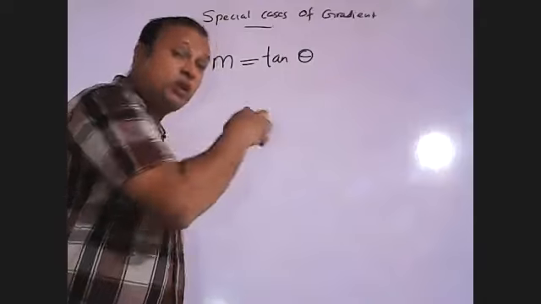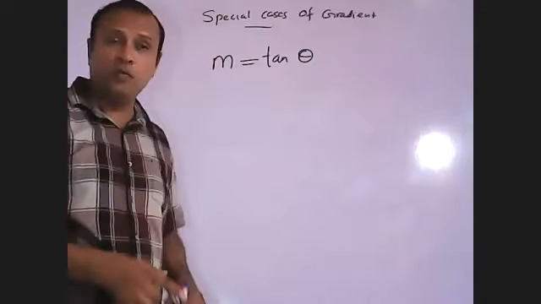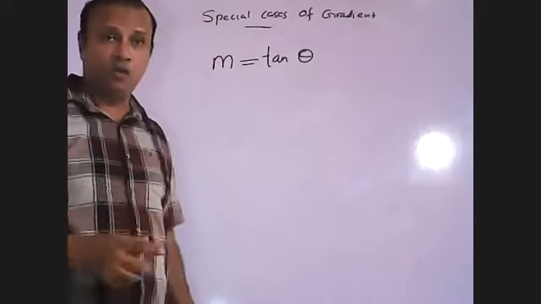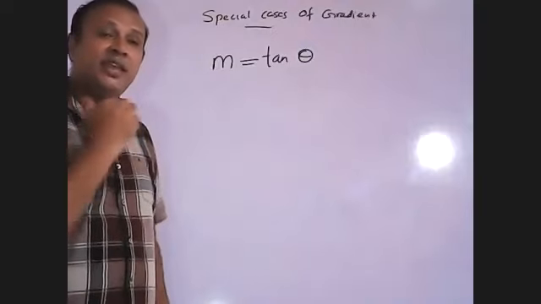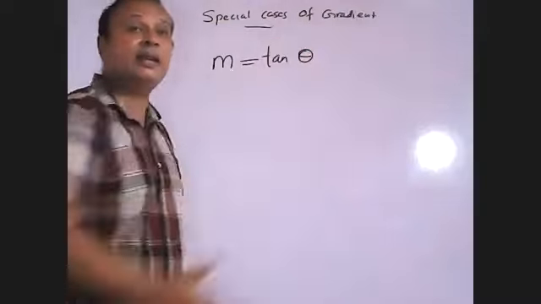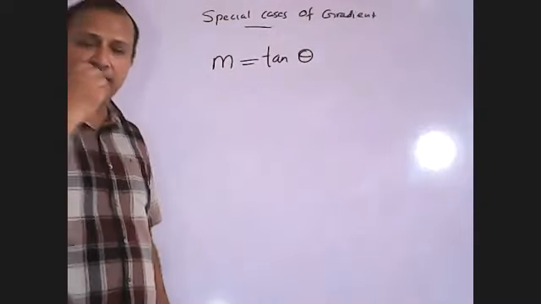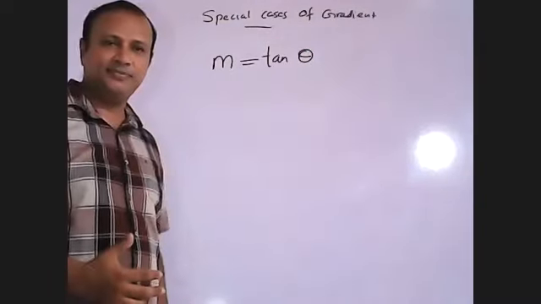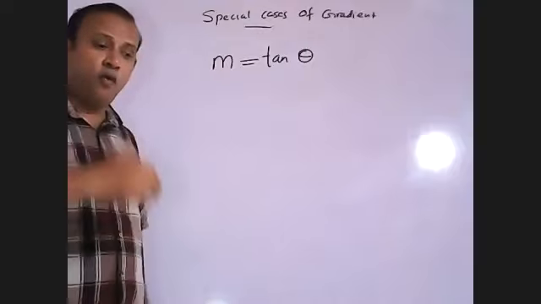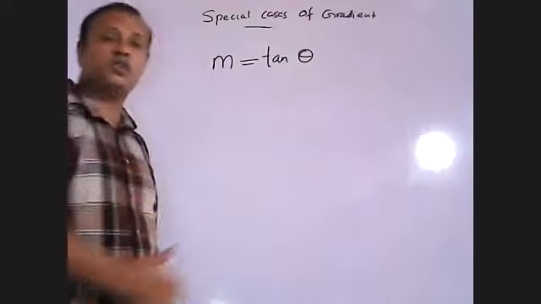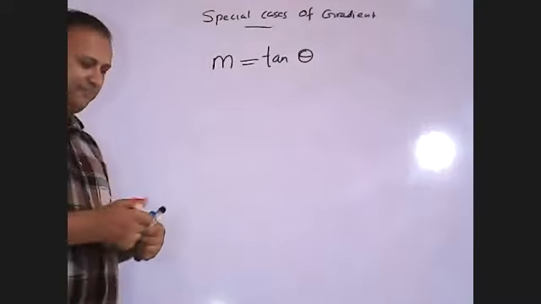According to the variation of tan value, when theta increases, tan theta increases. Tan theta is equal to m, no? Therefore, when theta increases, m also increases.